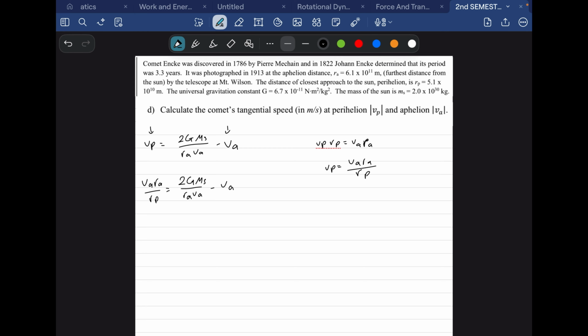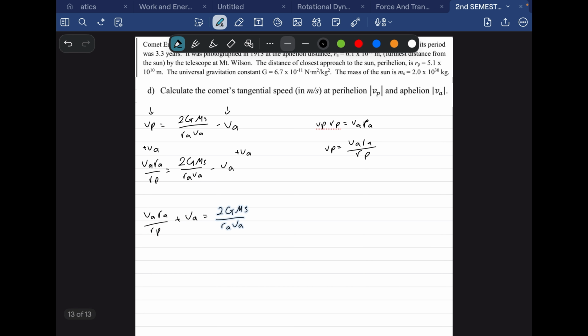There we go. And then I'll add both sides with VA. Right. So V apogee R apogee over RP plus V apogee is equal to this. And then multiply top and bottom of VA with RP over RP to get a common denominator. Right.